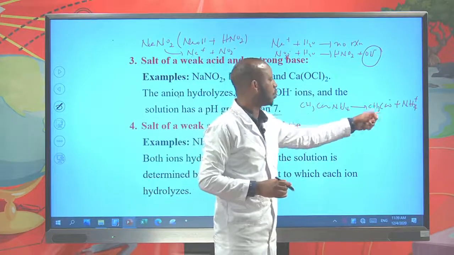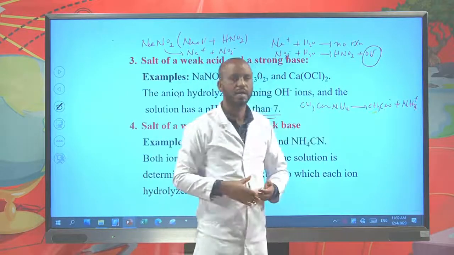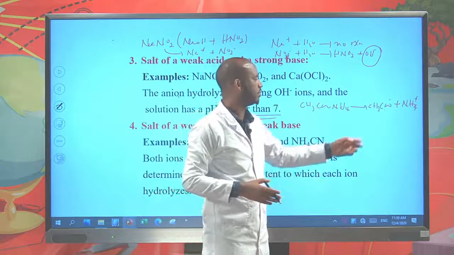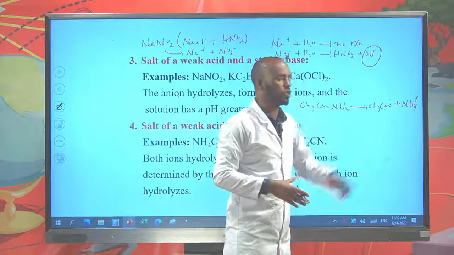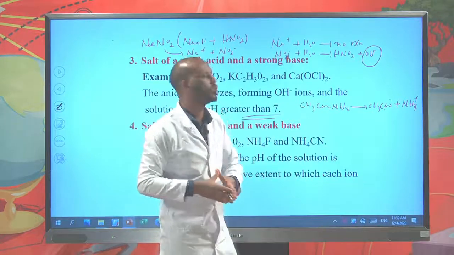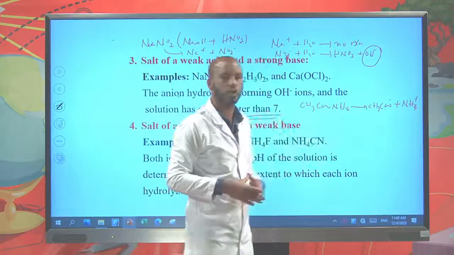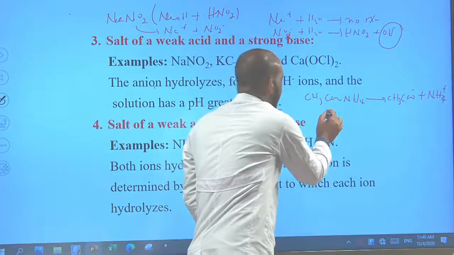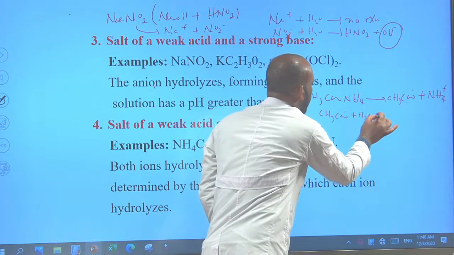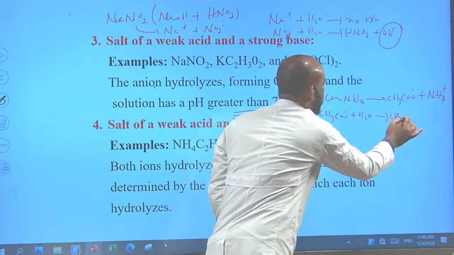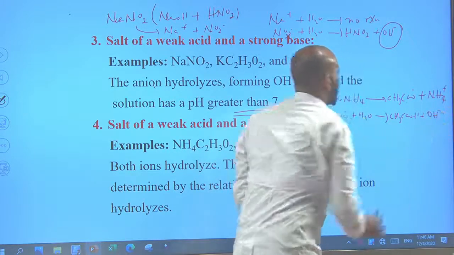Acetate is the conjugate base of the weak acid, acetic acid, is relatively strong, and can accept a proton from a donor. NH4 plus is the conjugate acid of the weak base, ammonia, is relatively strong, and can donate H plus to another substance. Now acetate, CH3COO minus, plus water gives acetic acid, CH3COOH, plus OH minus.